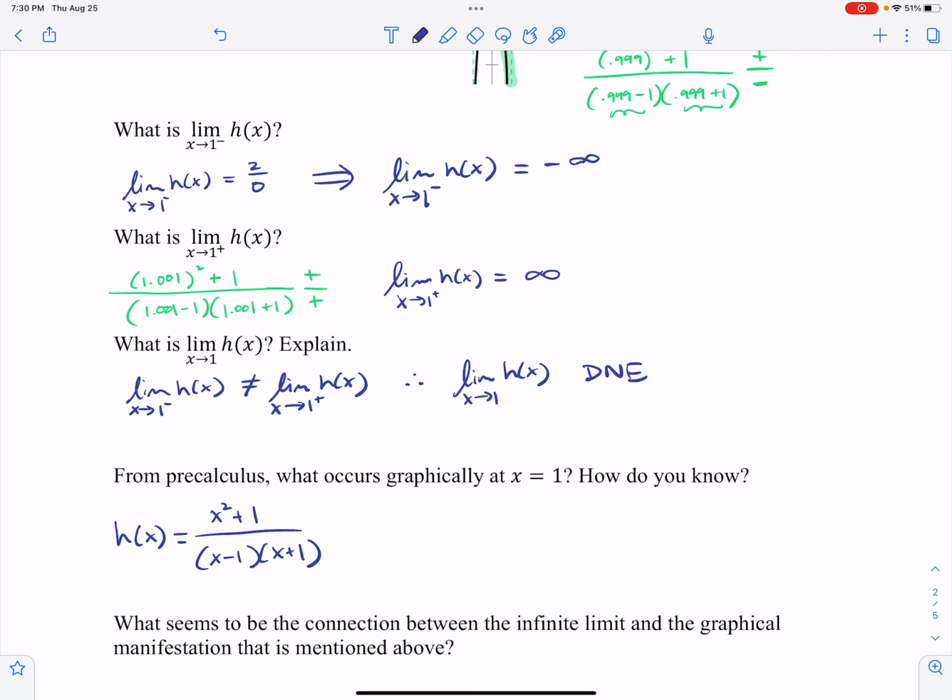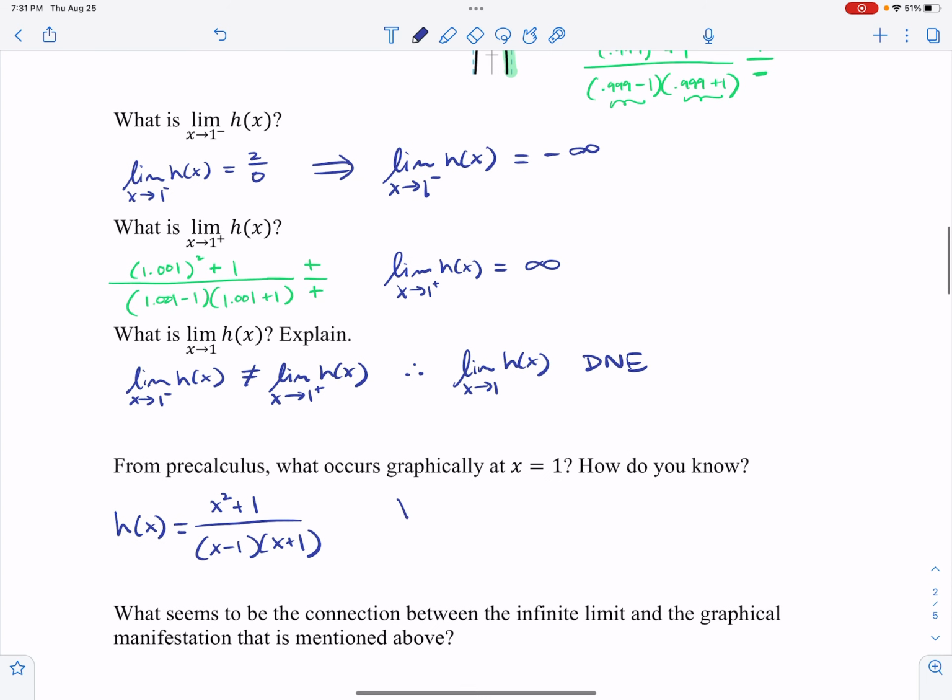And then negative 1 would also correspond to a vertical asymptote because if we plug in negative 1, we would get 2 in the numerator again and 0 in the denominator. So there is a vertical asymptote at x equals 1 and x equals negative 1. The question just wasn't asking about that.